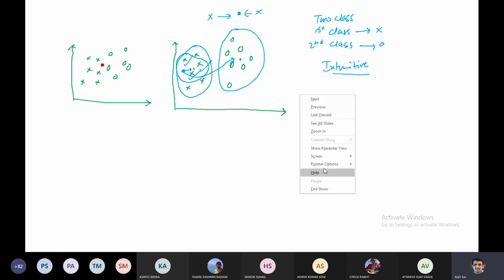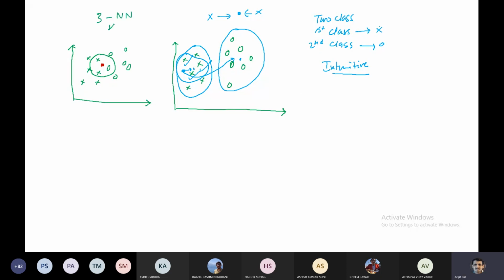Complicated in the sense that, if you consider the nearest neighbor, this is the nearest neighbor. Let's say 3 nearest neighbors, where k is equal to 3.